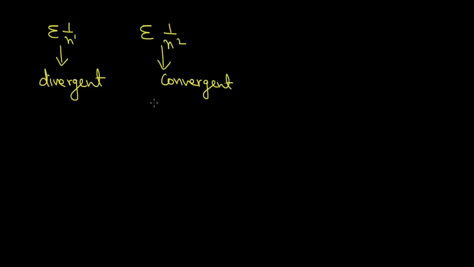Why are we saying this? By the comparison test, if the power of n is equal to or less than 1, the series is divergent, but if the power of n is greater than 1, the series is convergent. So by using the comparison test, we can say the first series is divergent and the second is convergent.